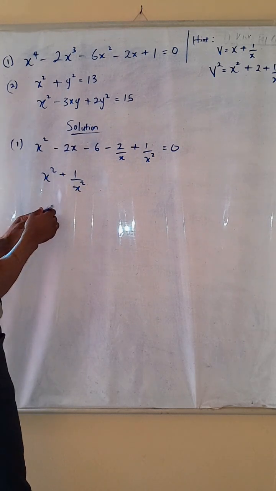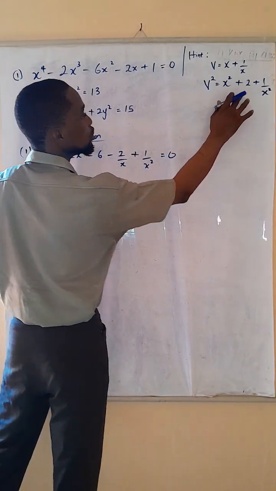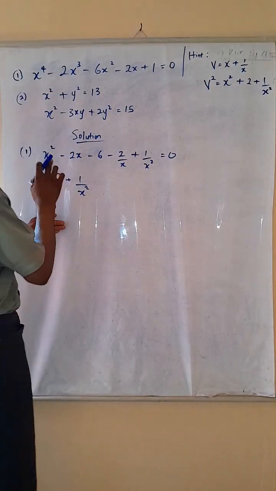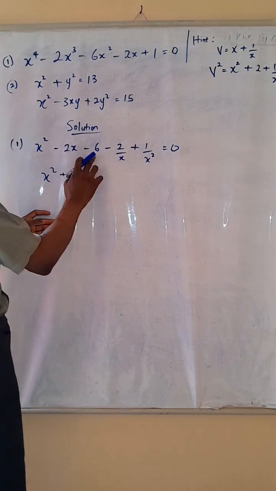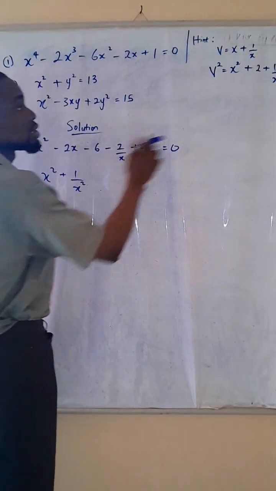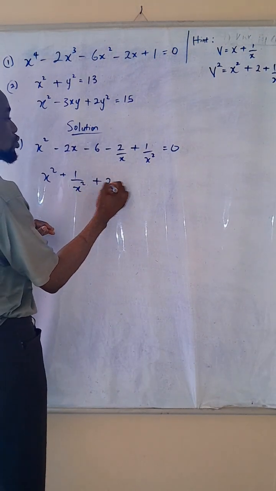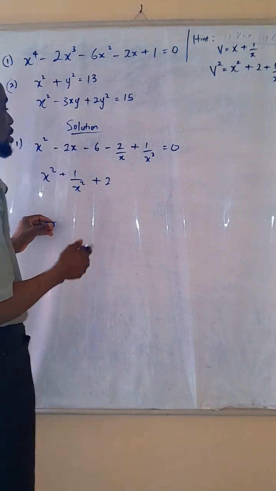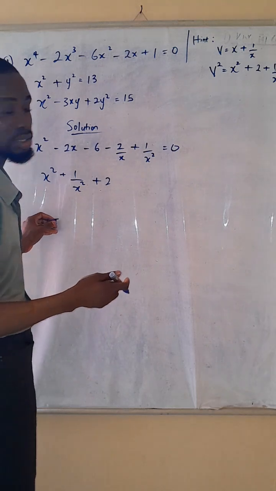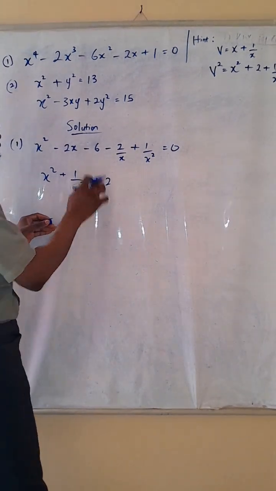Now remember, the idea is to conform this to resemble this, right? So I took this, I will bring this to it. This is minus 6, this is plus 2. So what I'll do is write plus 2 down, then what remains to give us minus 6? Minus 8. So minus 8 plus 2 will give us minus 6.